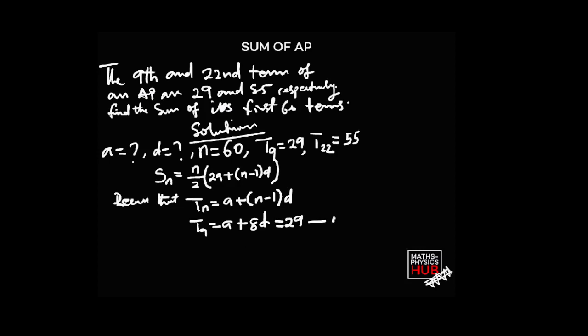Let's call this equation 1. Then for T22, the second thing given to us, that will be a plus 21d, equals 55. That's equation 2. Am I making sense? Yes, sir.